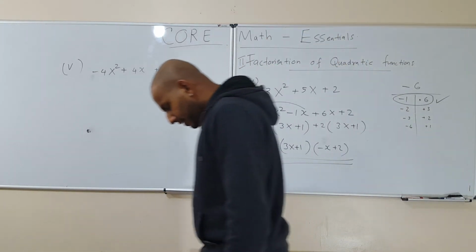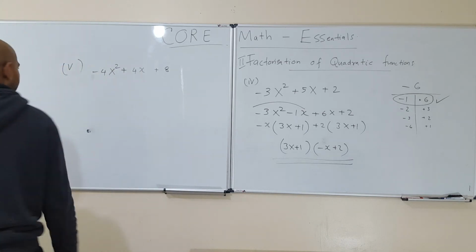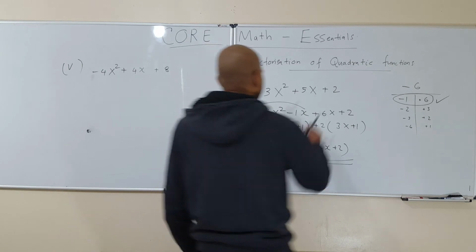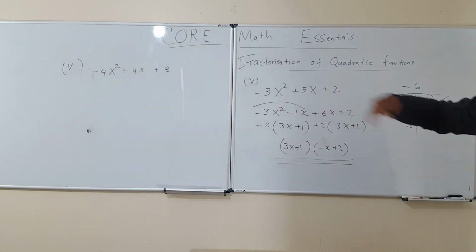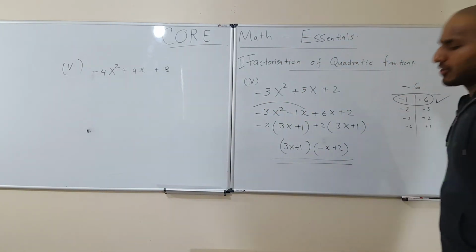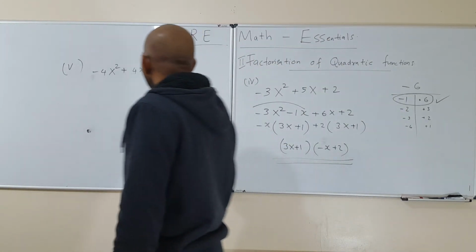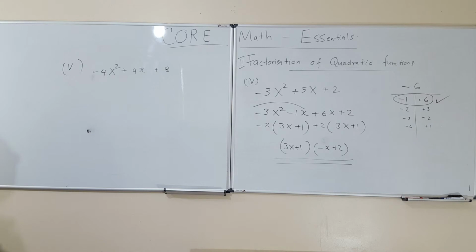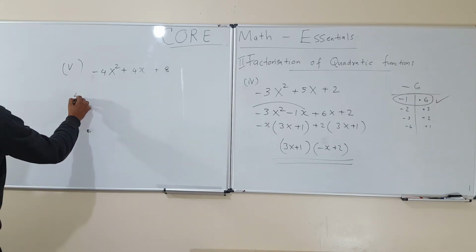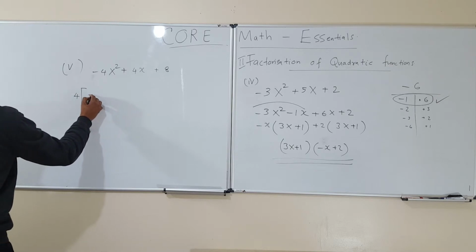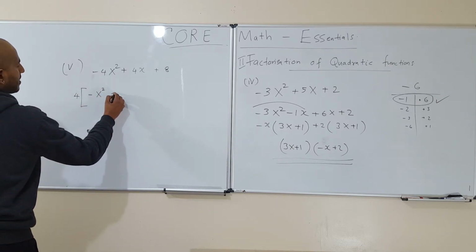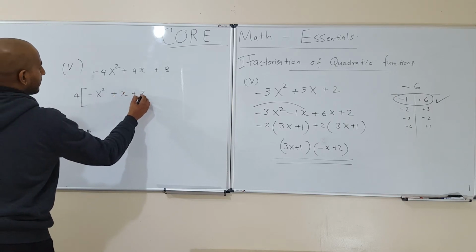Like we said, when you're factorizing, you always look for a common factor first, if there is one. In the previous ones, there weren't common factors. You clearly see that. Here there is a common factor, which is 4. If you want, you can take minus 4 out, or you can take 4 out. Let me take 4 out as the common factor. So what I'm going to get is minus x squared plus x plus 2.